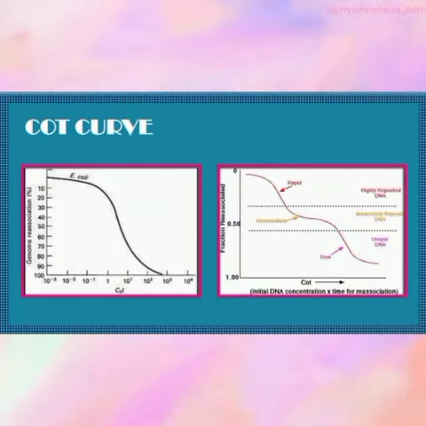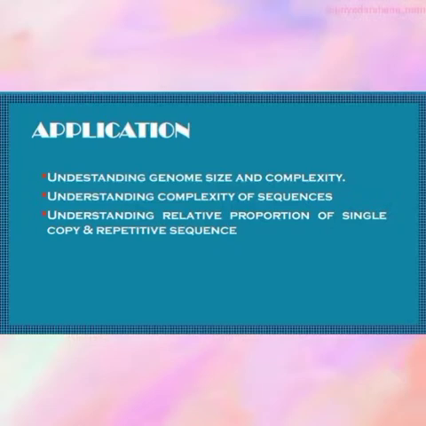Second is moderately repeated DNA. These are present at an average of 500 copies per genome, that is a total of 30% of the genome. And last, unique sequence DNA, which is present up to 10 copies per genome, that is about 60% of the genome.